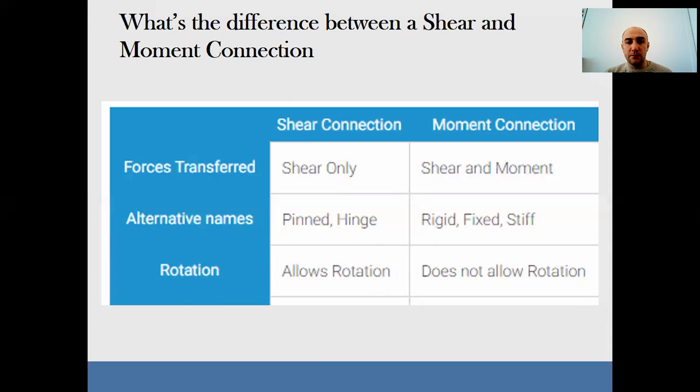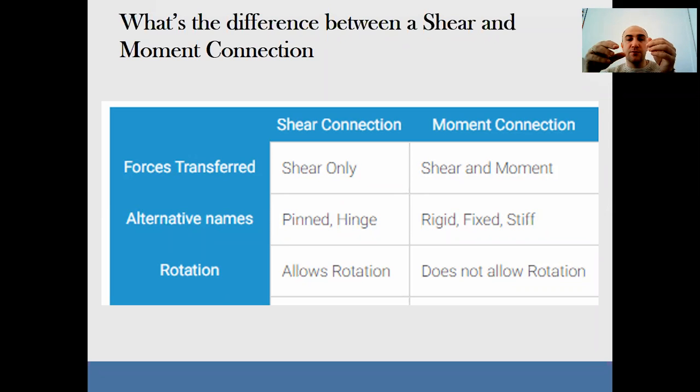Okay, so let's talk about the differences between the connections. On the previous slides we discussed shear connections, which transfer shear forces. A moment connection will also transfer moment forces.